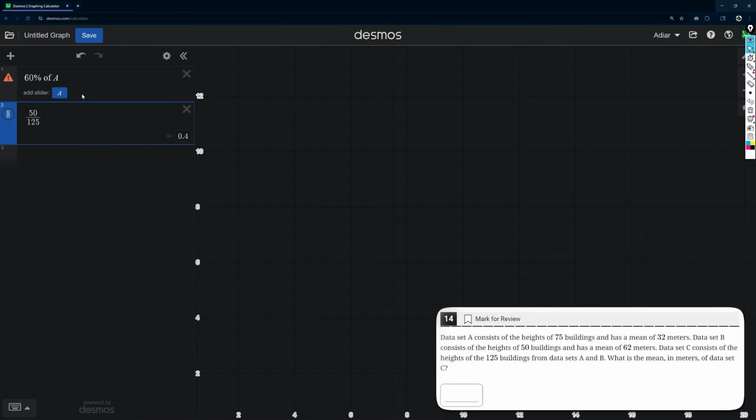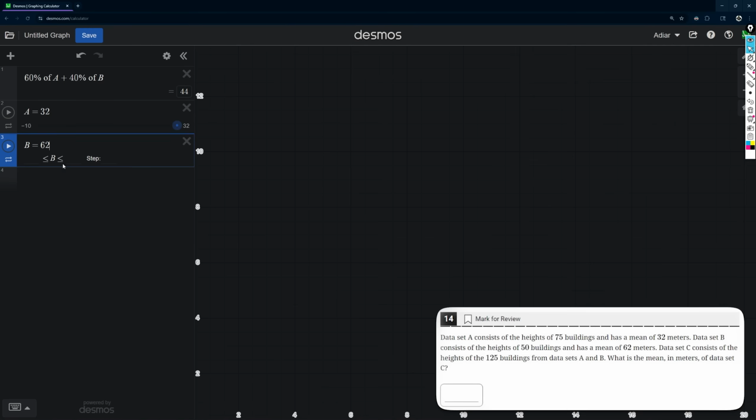So 40%, of course. It's going to be 40% because that has to add up to 100. 40% of our mean from B. So 60% of A plus 40% of B. And we're just going to put in our mean. So this time A and B mean our mean, not the sum of all the numbers inside. So the mean of A is 32, and the mean of B is 62. And that gives us the same number.